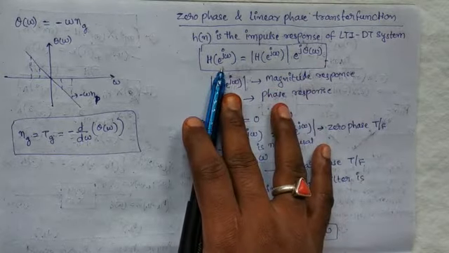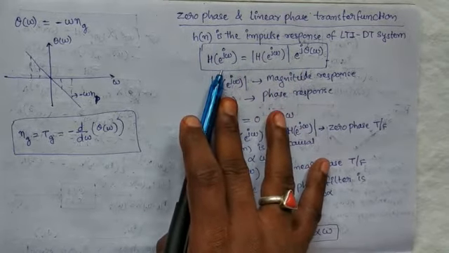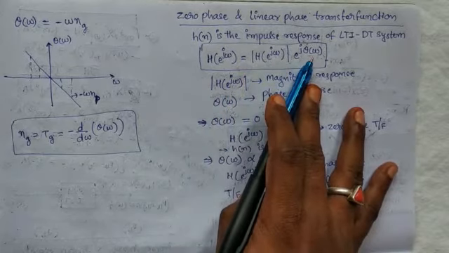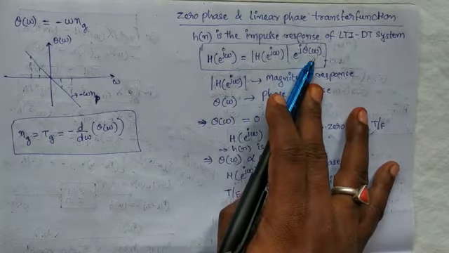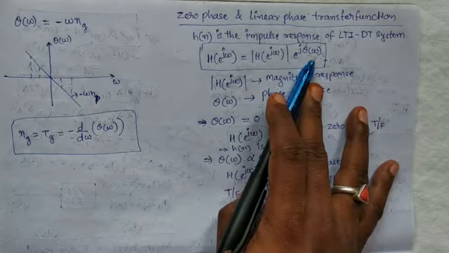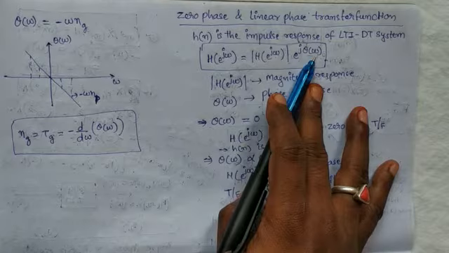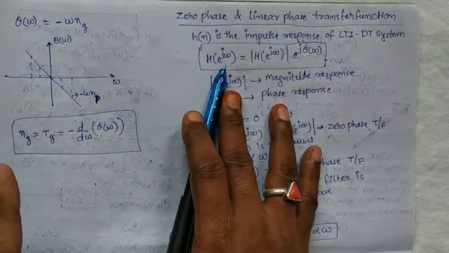that transfer function is called the zero phase transfer function. Here theta of omega is equal to 0 for all values of omega, so the phase response is 0. That transfer function is called the zero phase transfer function.